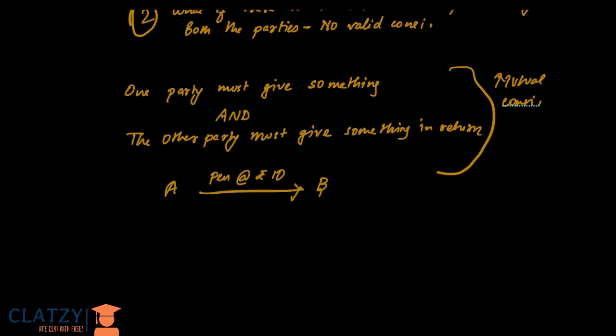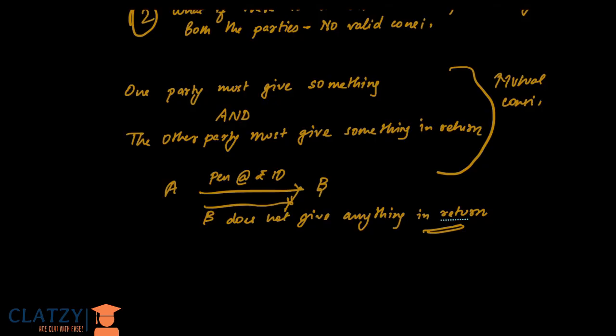A gives the pen to B. B does not give anything in return for the pen. Question: do we have valid consideration? The answer is no, because we know that both the sides will have to provide consideration. In this case, B is not providing any consideration. Therefore, the consideration is not mutual, and hence the consideration is invalid.